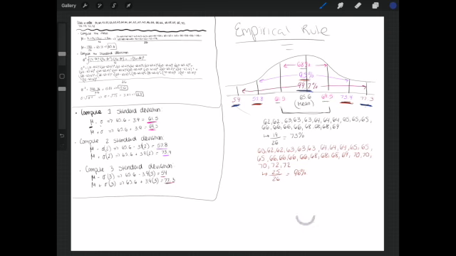It would be 54, 60, 62, 62, 63, 63, 63, 64, 64, 64, 65, 65, 65, 66, 66, 66, 66, 68, 68, 68, 69, 70, 70, 70, 72, and 72.